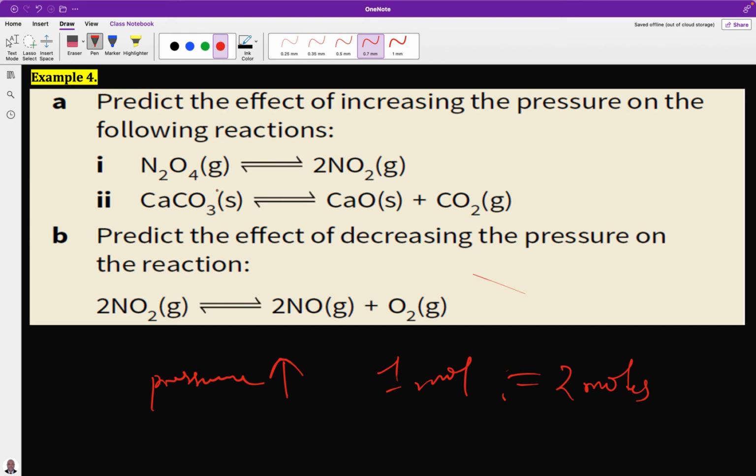So what happens to the number of gaseous molecules? The system will move to the direction of fewer gaseous molecules to decrease the pressure.